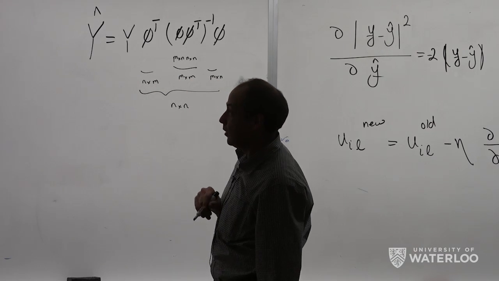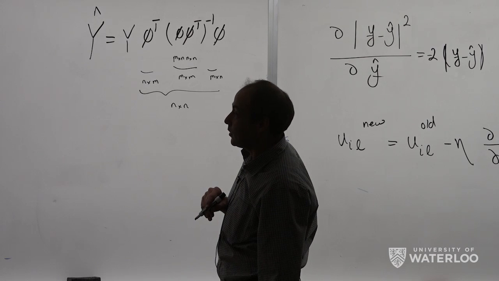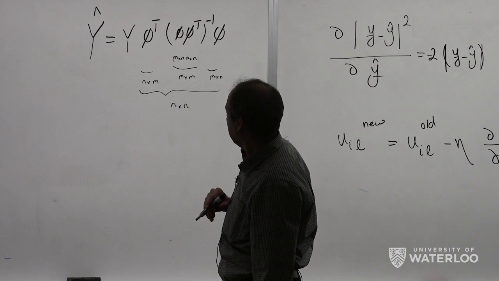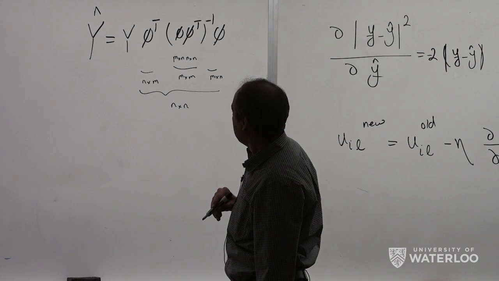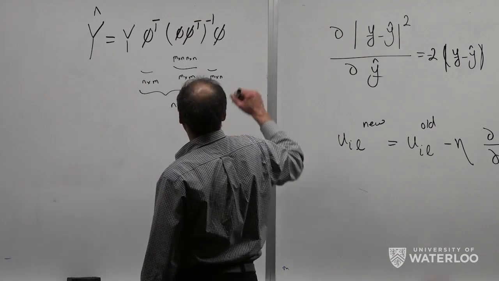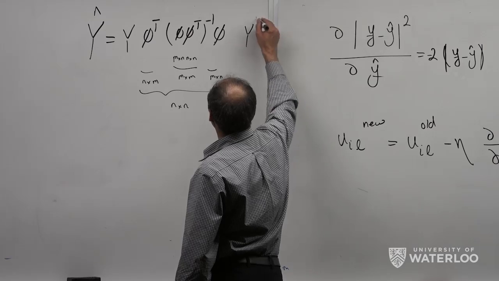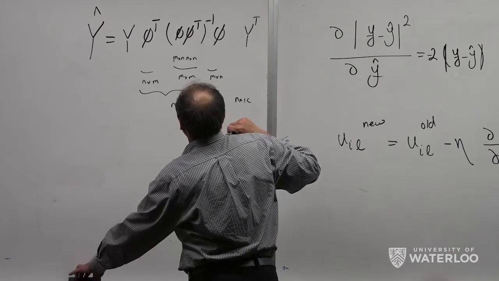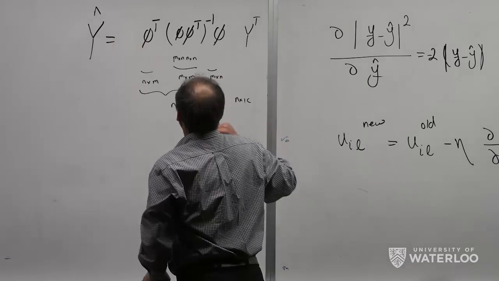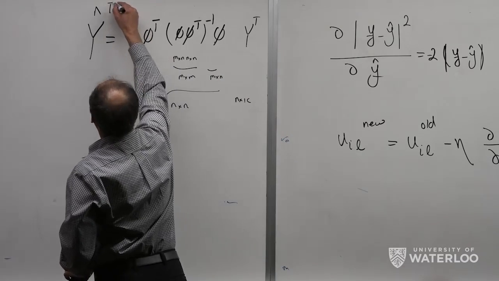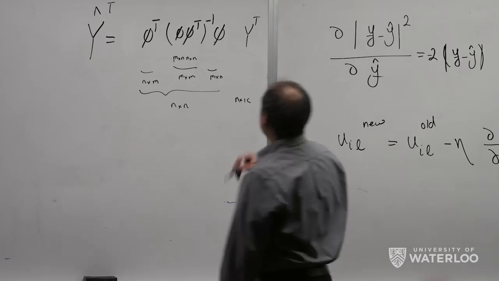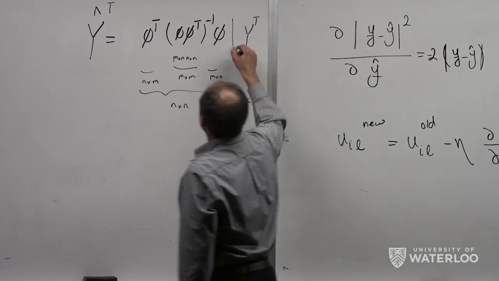And y is k by n. So I think you have a y transpose here, which is n by k, and everything is this transpose, which is n by k. Yeah, it should have this form. So anyway, this is known.